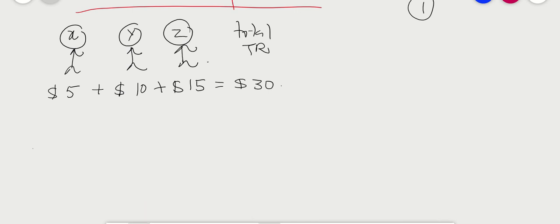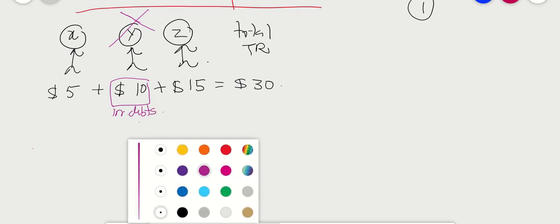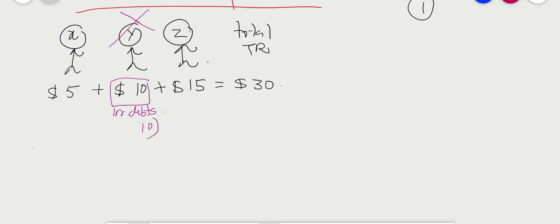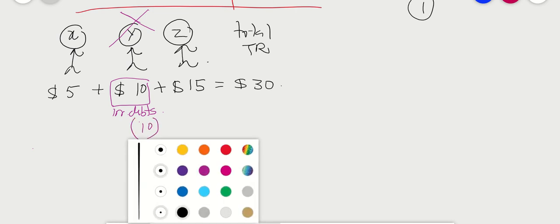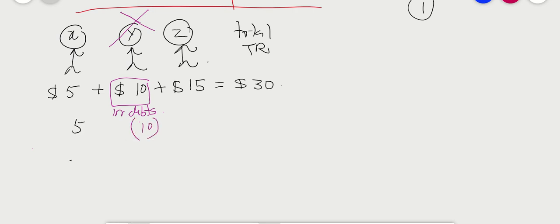Suddenly, Y is not in a condition to pay you. When Y is not in a condition to pay you, what happens? This $10 becomes your irrecoverable debt. You're not going to recover this. Therefore, you need to reduce this 10 as irrecoverable debt and the remaining would be the same. Therefore, now your total value of your trade receivables becomes 20.